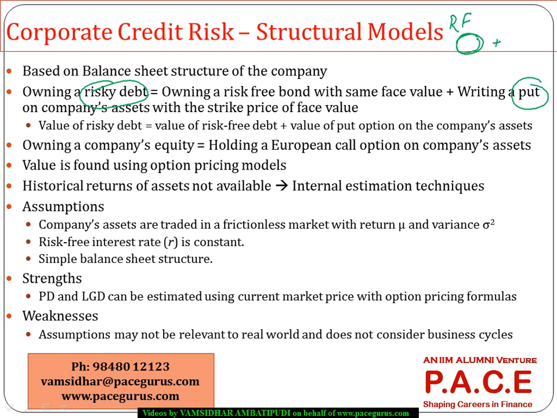So in that case, what is happening? When I am writing a put, I am selling a put. So it is beneficial to the buyer. It is beneficial to the buyer when the value of the asset is going down.